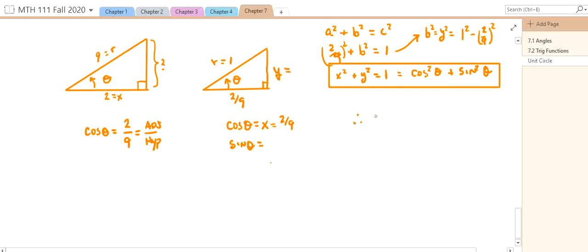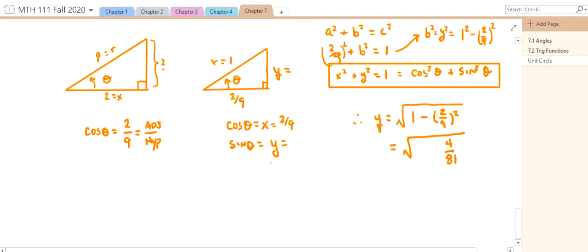So, therefore, y then, that's what we need to find for sine, y equals the square root of 1 minus (2/9) squared equals, well, this is going to be 4/81.